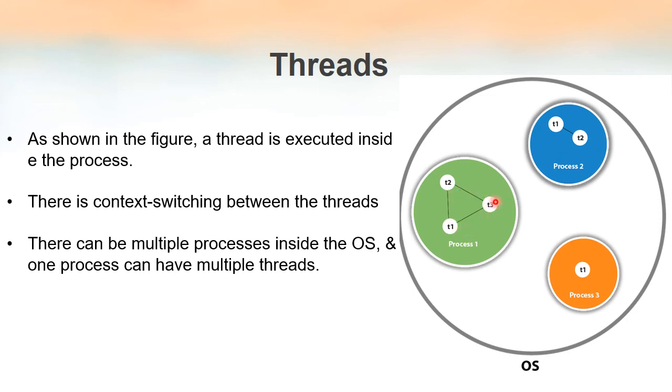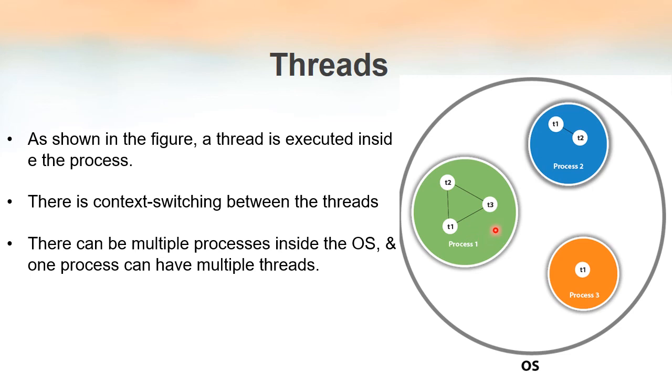All these 3 threads, T1, T2 and T3, share the same memory area required for process 1. So if T1 wants to communicate with T2, there is no need to worry about context switching, because they are inside the same memory area. Similarly, for process 2 we have 2 threads and they are also sharing the same memory area as that of process 2. I hope it is clear.